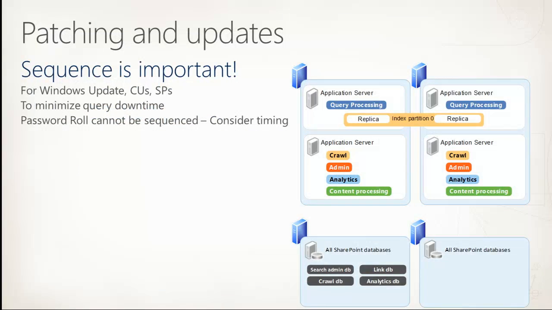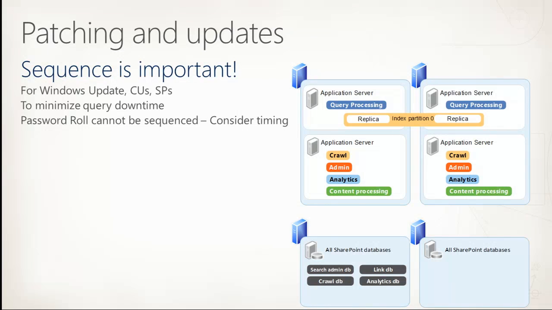Patching and update is obviously something that happens frequently, and you should be aware of that. The sequence of how you do patching is important. Patching means Windows update, cumulative updates, service packs, and you should follow this recommended procedure to avoid query downtime.